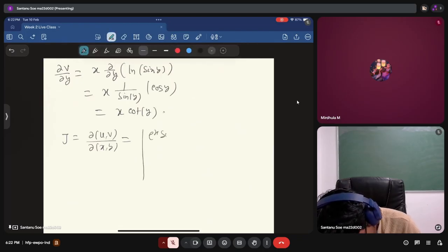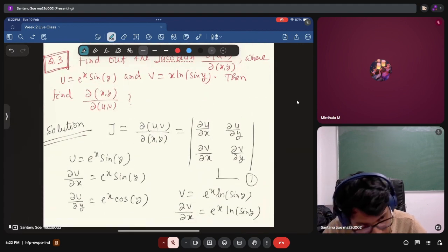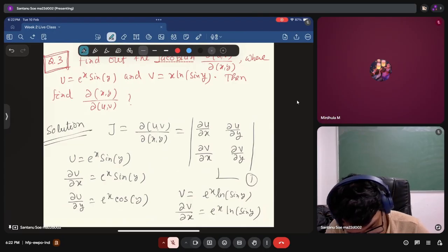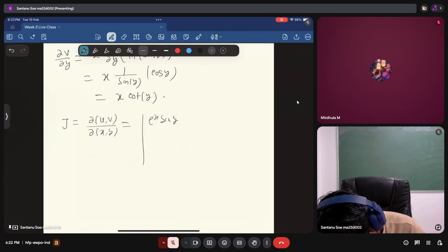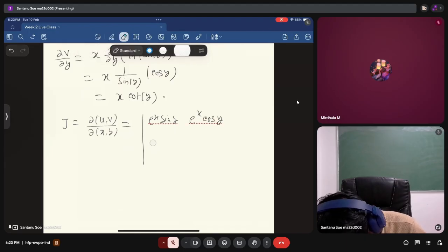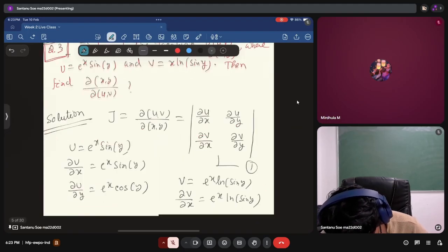So the Jacobian J is del(u,v) divided by del(x,y), which is, because this was the definition, the determinant of del u del x, del u del y, del v del x, and del v del y. So this is going to be e to the power x sin y, e to the power x cos y, ln of sin y, x cot y. So yeah, I hope this is clear.